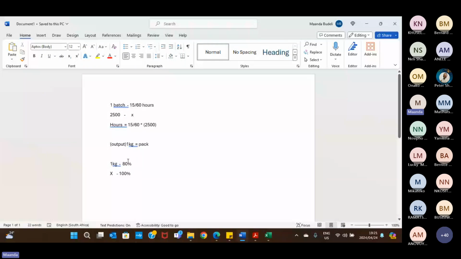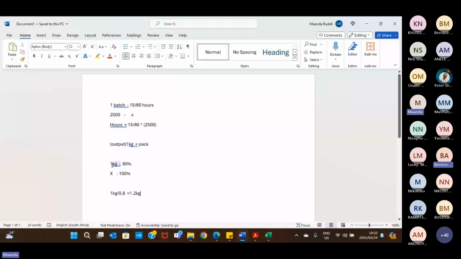So you don't multiply by 80%, because if you multiply by 80%, you are saying that this is your input and you're getting 80%, which is output. So I'm going to come here and say 1 kg divided by 0.8, and I think this should be 1.2 or something. I'm not really sure, but you know that the input here, we're going to lose some and we get to the 1 kg per pack.